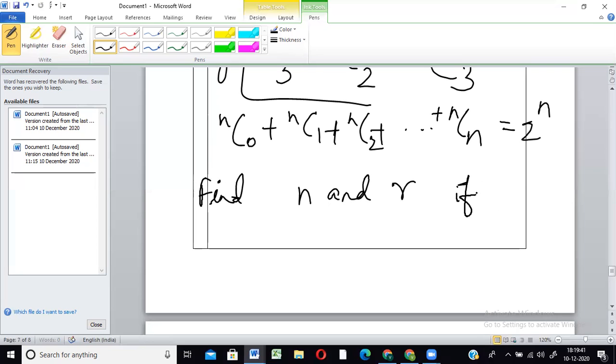You have to find the values of n and r if some condition is given to you. What is that condition?